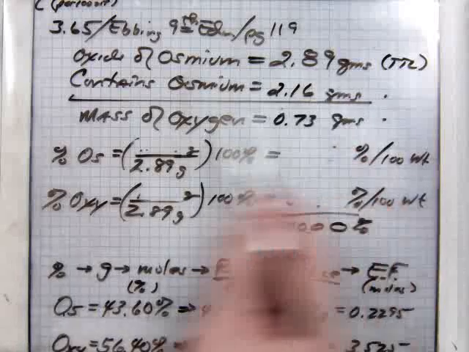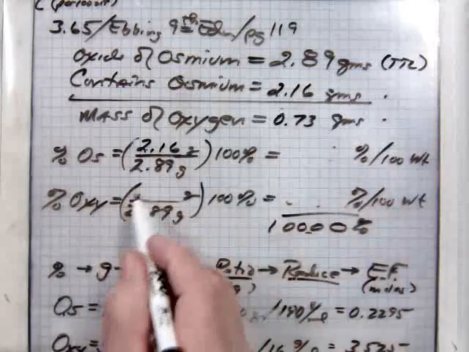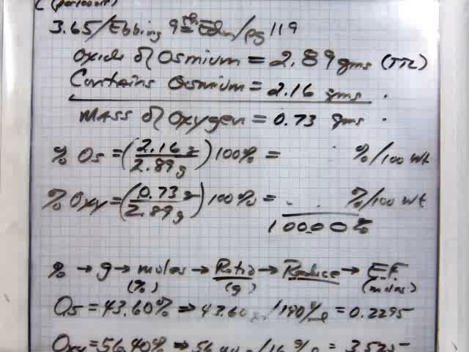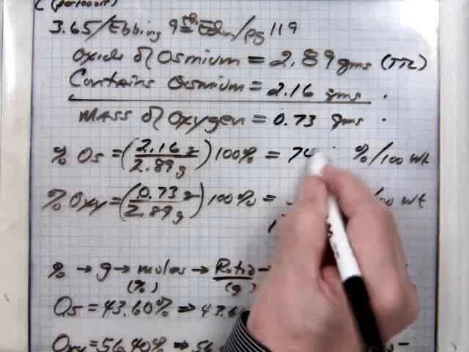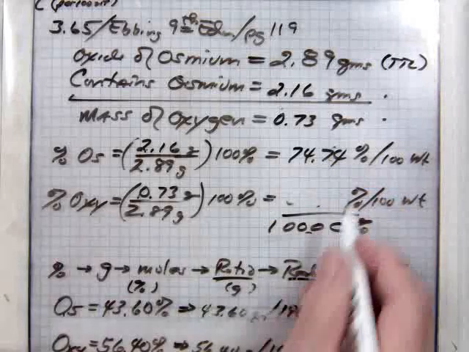So that would be osmium 2.16 and 0.73. And that's 7474. That makes more sense. 25, 26.